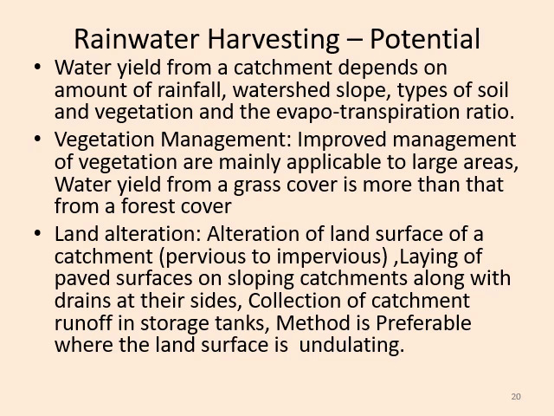Where the land surface has a uniform slope, it can be made impervious to collect the rainwater by laying the paved surface on the sloped catchment area with drains, and the water is collected into a storage tank.